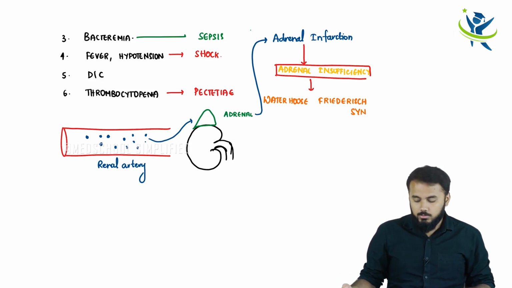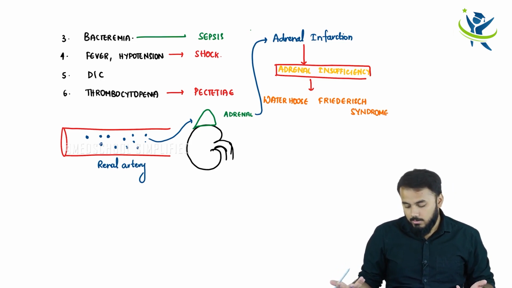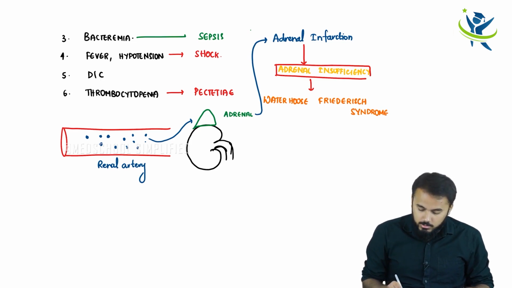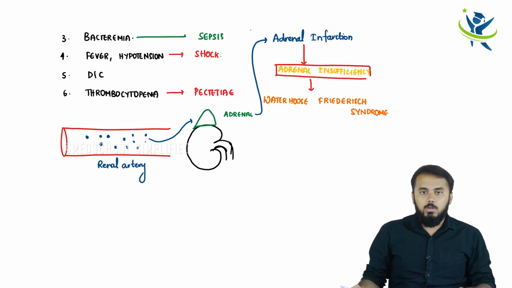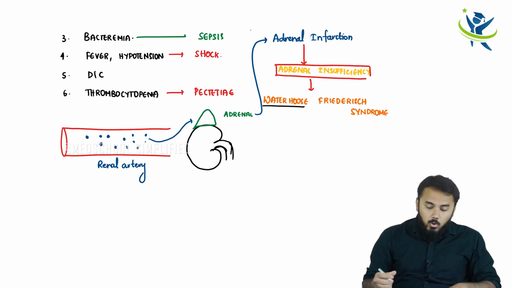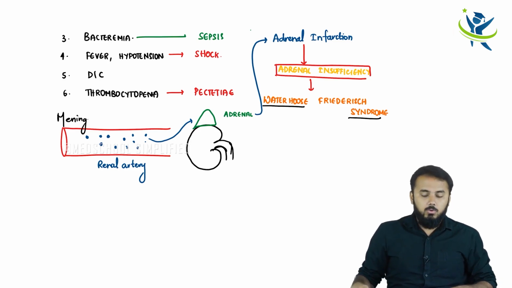So this is Waterhouse-Friderichsen syndrome or simply Waterhouse syndrome, because if you can't tell what is this, Friderichsen, even I can't tell what is this, so that is fine. It is Waterhouse syndrome, right? In Waterhouse syndrome, there will be acute adrenal insufficiency. And what is the etiology? Why? It is because of meningococcemia.